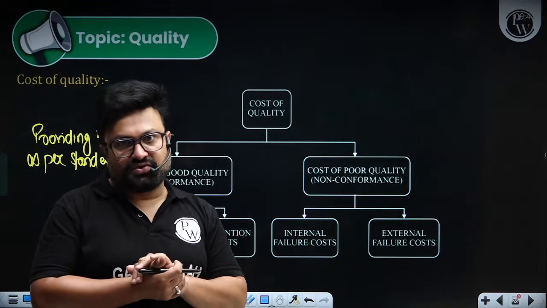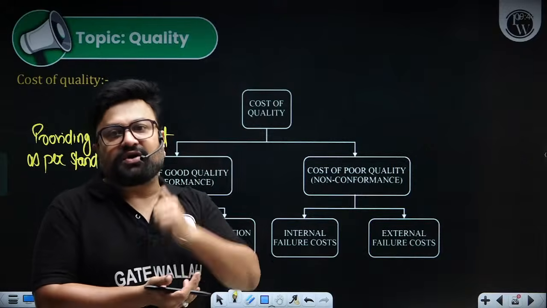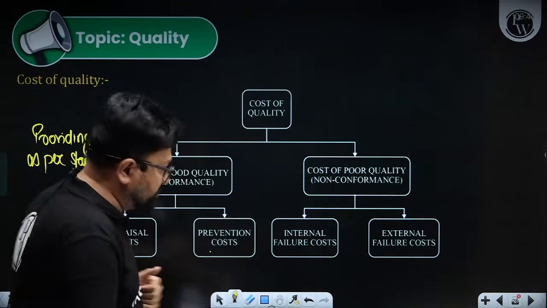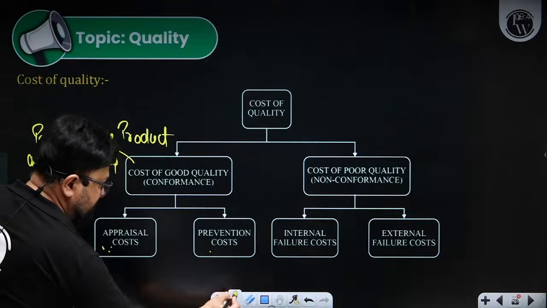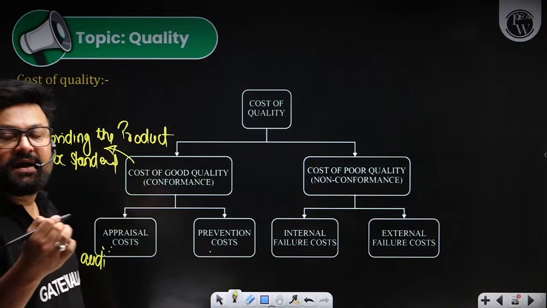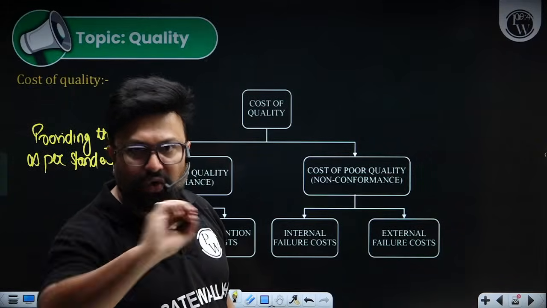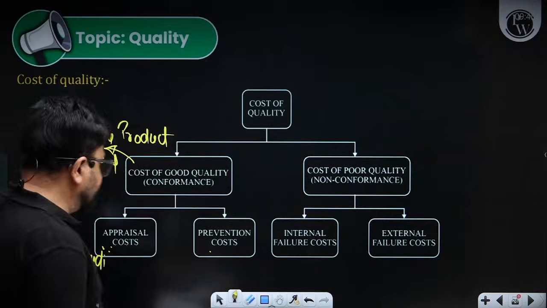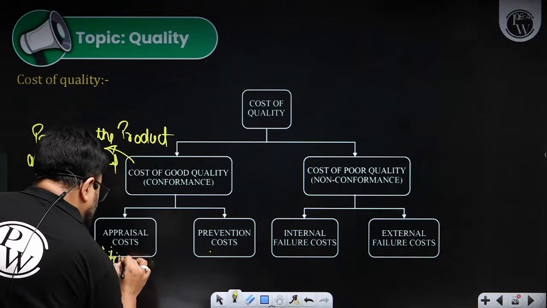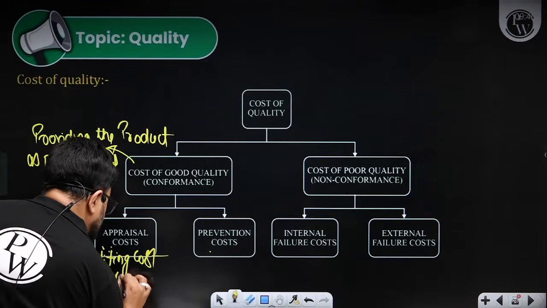Appraisal cost. So you can say it is an inspection cost, an audit cost, a checkup cost, right? So appraisal cost is nothing but you are auditing something and giving that certificate that the product or system has no defect. So auditing cost, inspection cost.